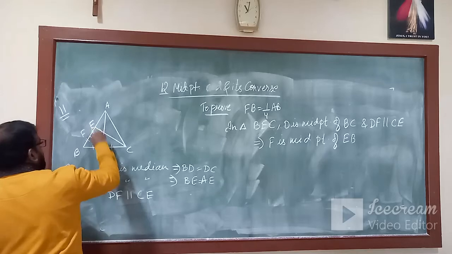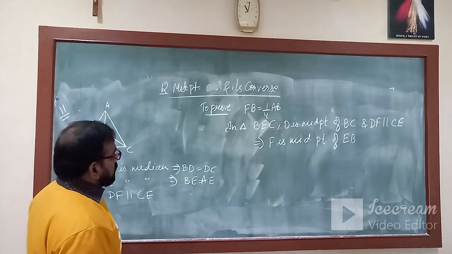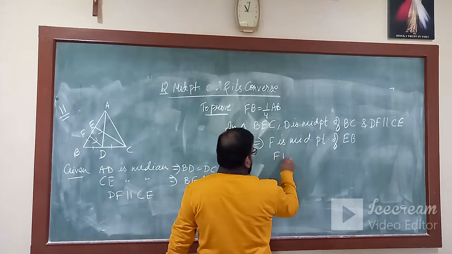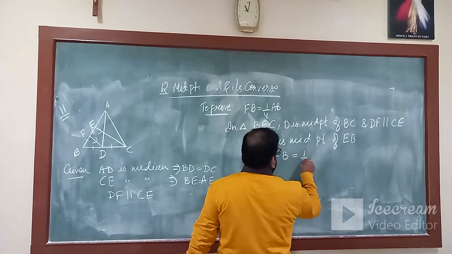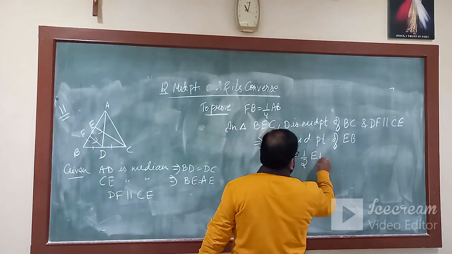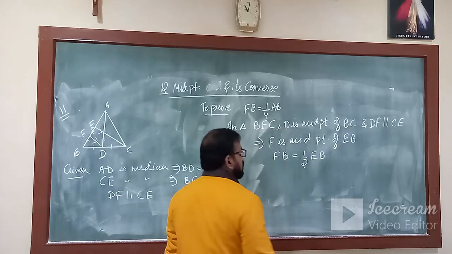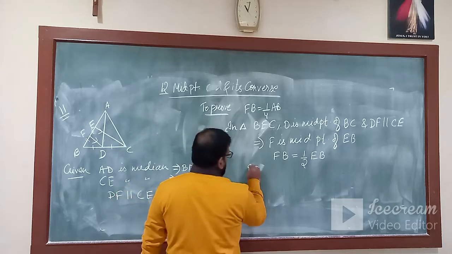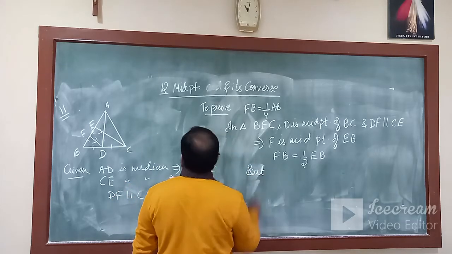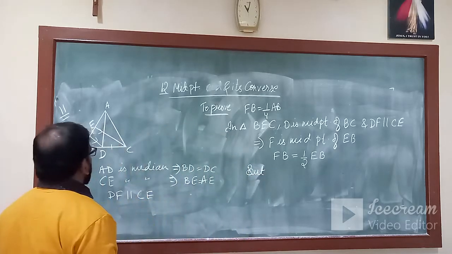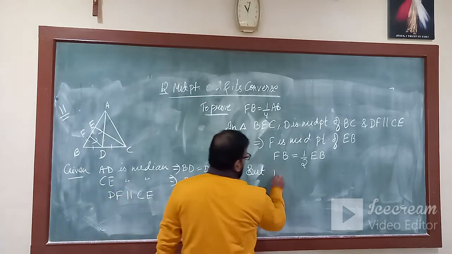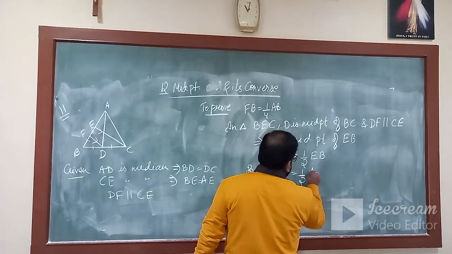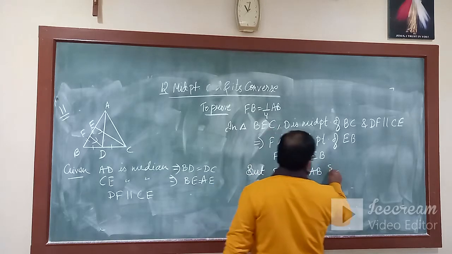That means these two parts are now equal to each other. See what we need, FB. So we can write FB equal to 1 by 2 of EB. Okay, but we know that EB is 1 by 2 of AB. Why?